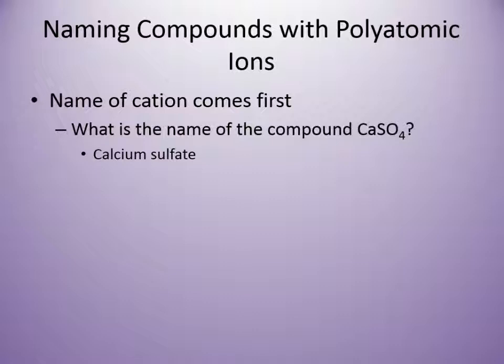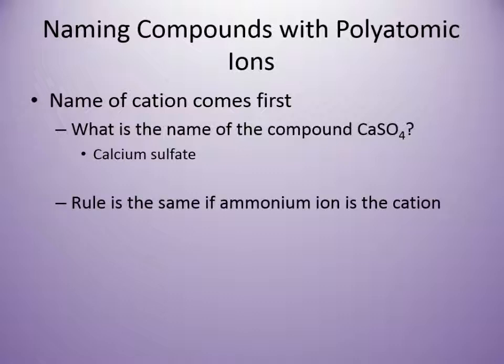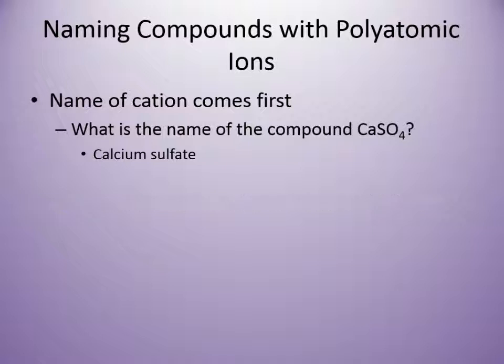And then the name of the anion comes second. But we don't change the ending here because we keep that group as a whole. So this is calcium sulfate. This didn't come up in the order that I wanted it to come up. All right. Good there? So all we do when we're doing polyatomic ions is just form the name of the two groups together. Okay? Good there? All right.